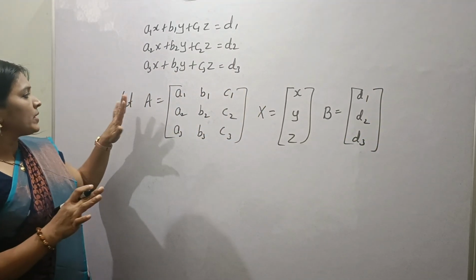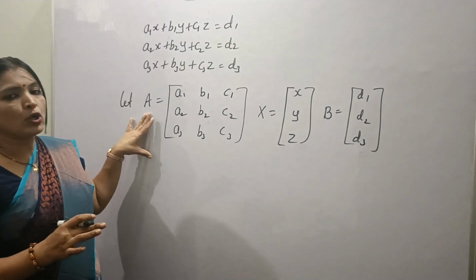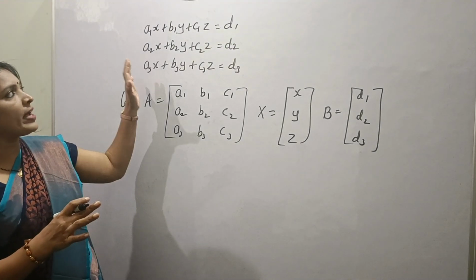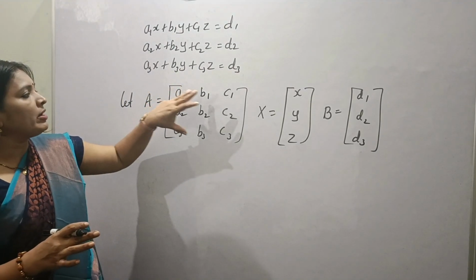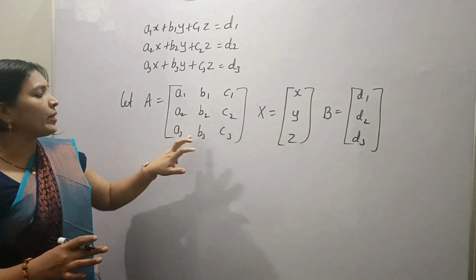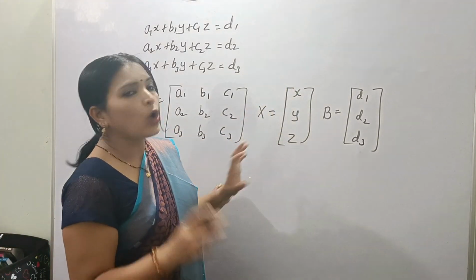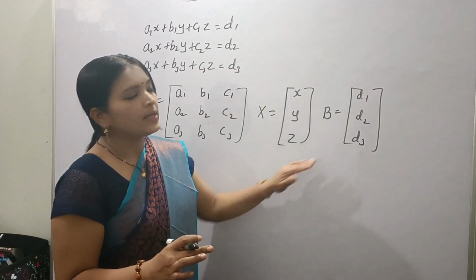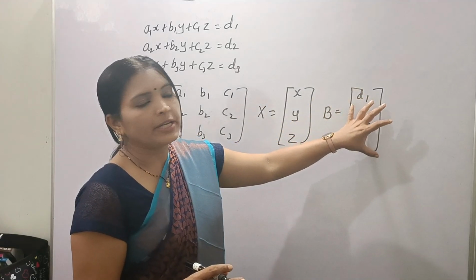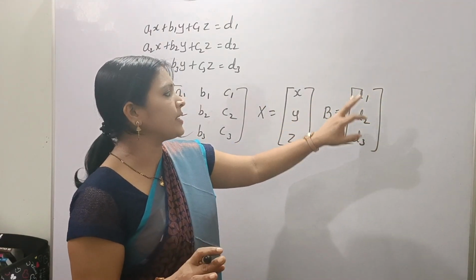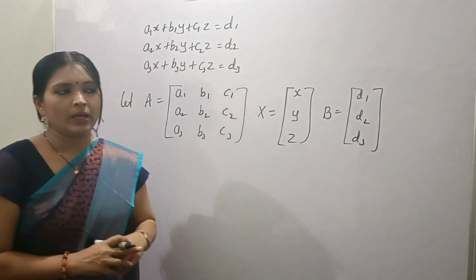So listen carefully. Here matrix A is the coefficients of x, y, z: a1, b1, c1, a2, b2, c2, a3, b3, c3. X is the column matrix x, y, z. B is the column matrix of constants d1, d2, d3.